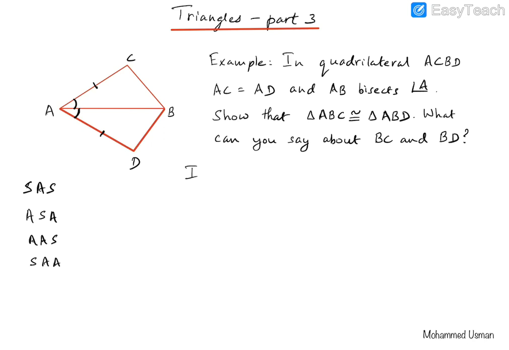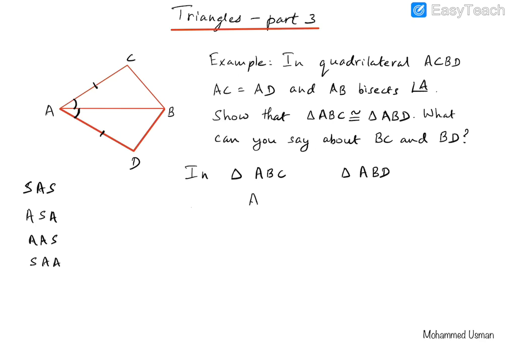So let's write in triangle ABC and triangle ABD. Let's look at what are the sides that are equal. First of all, we are given that AC is equal to AD, so that means one side is equal.